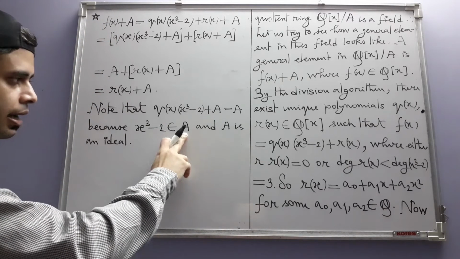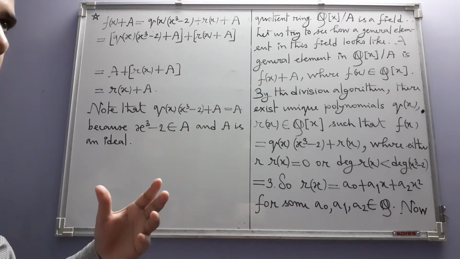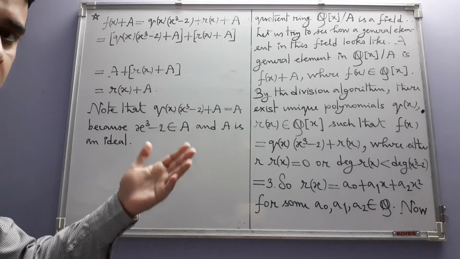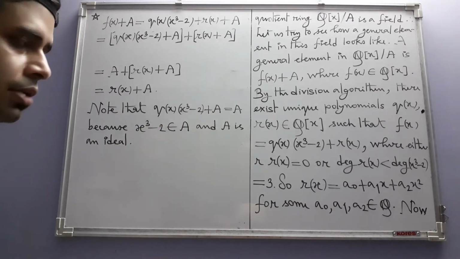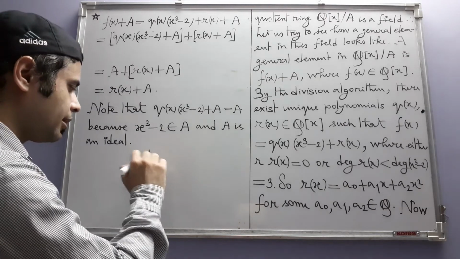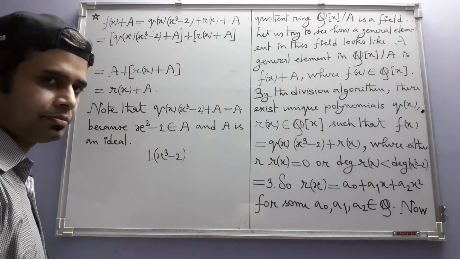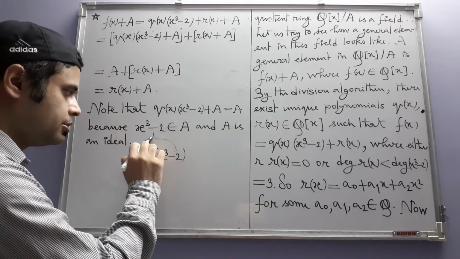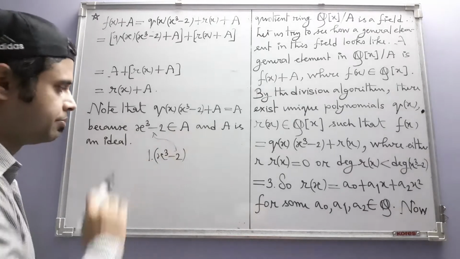So what sort of elements does A have? A has all multiples of x cube minus 2, where we are multiplying x cube minus 2 by arbitrary polynomials. Among all such multiples, you will also have 1 times x cube minus 2, where 1 is the constant polynomial 1, so that is equal to this. So this particular polynomial also belongs to A.